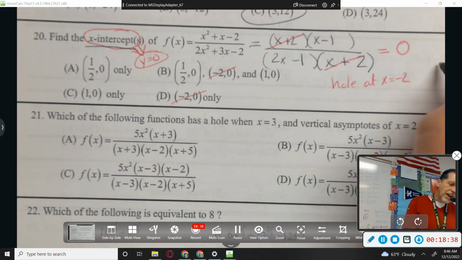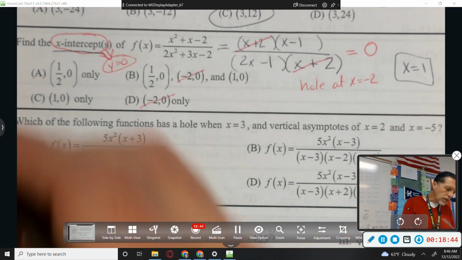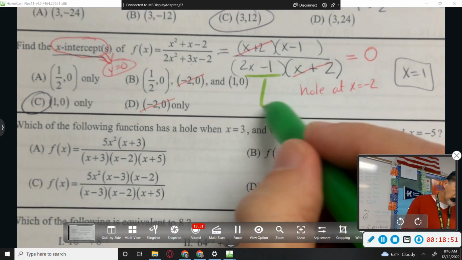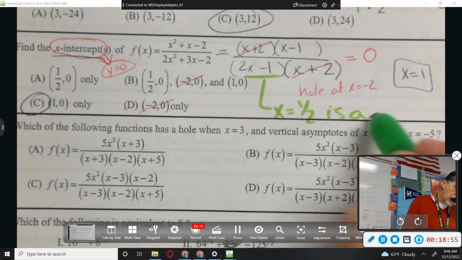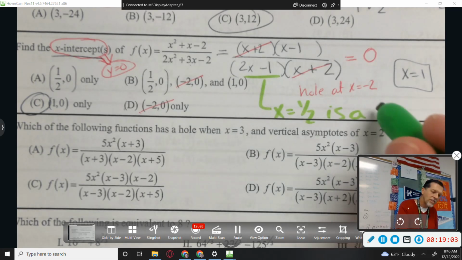And the only thing left that makes the top 0 is x equals 1. Do you remember what's going on at x equals 1/2? Something's going on down there. It makes the bottom 0, which you just told me was undefined. That's a vertical asymptote.